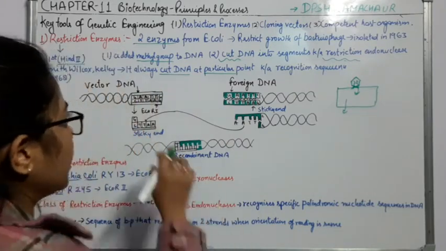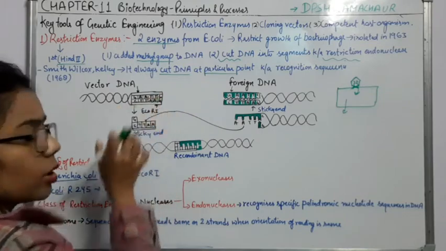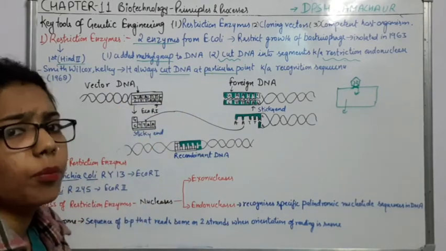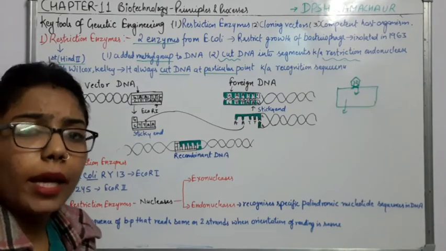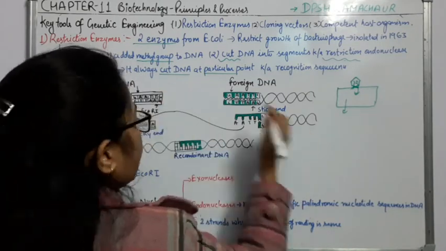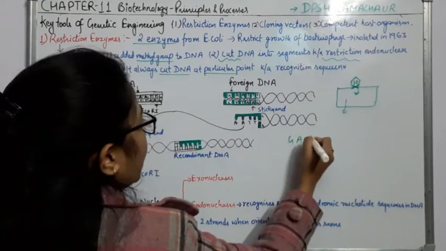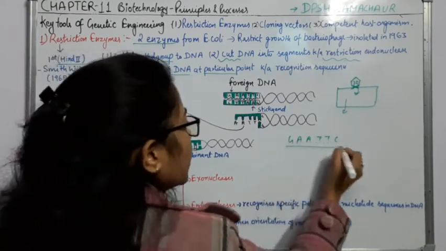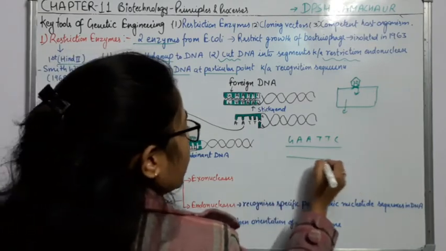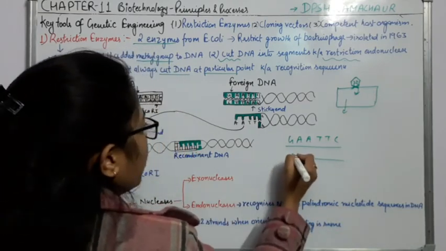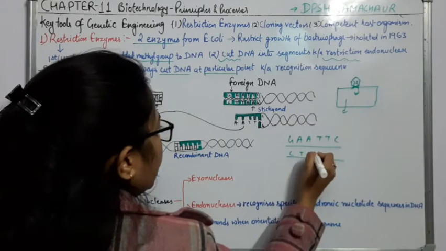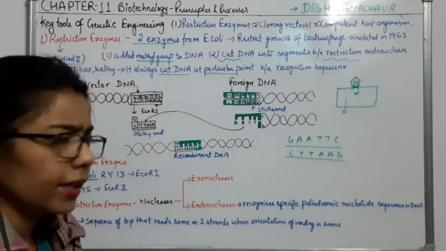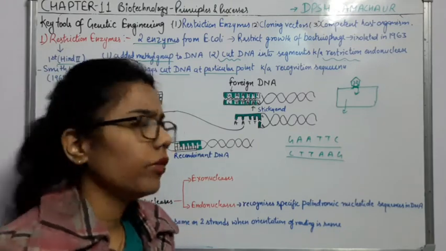For example, if this is the base pair sequence, it has a specific point and will not cut from anywhere. I'm writing it here: GAATTC is the first strand, and the second strand is CTTAAG.